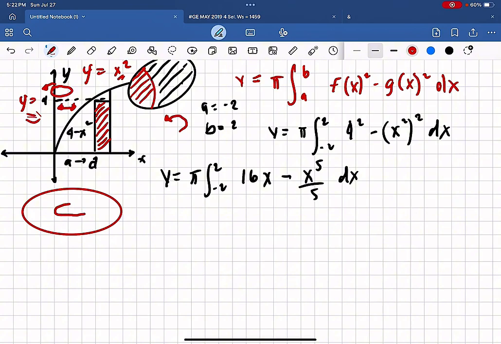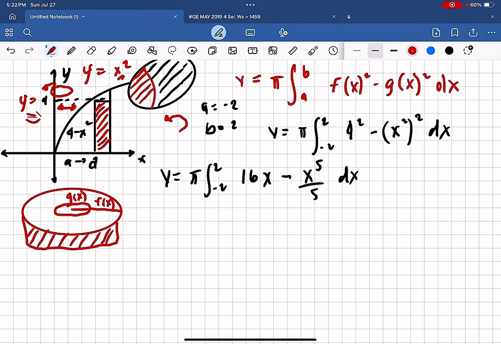There is a hole. The distance from here is the f of x, and the distance between here and here is the g of x. That's why we formed this formula.